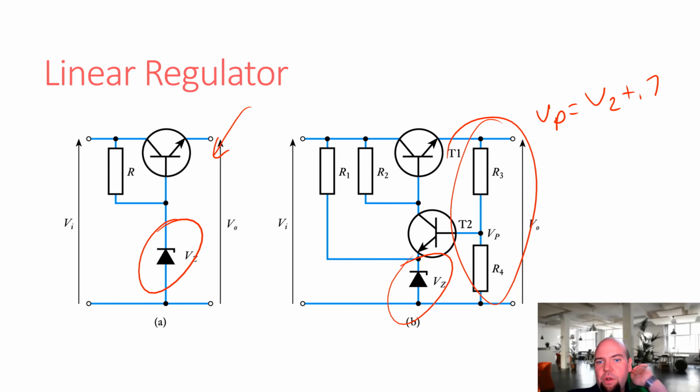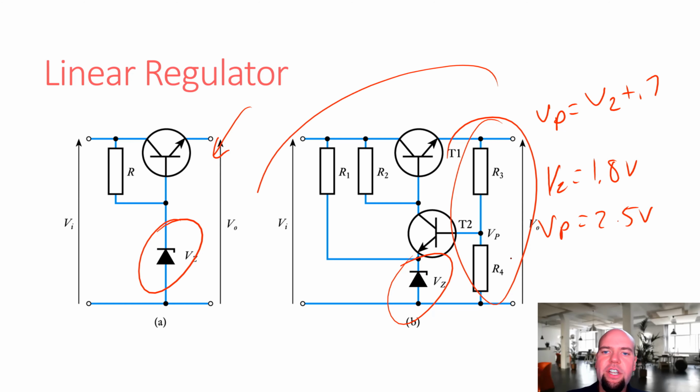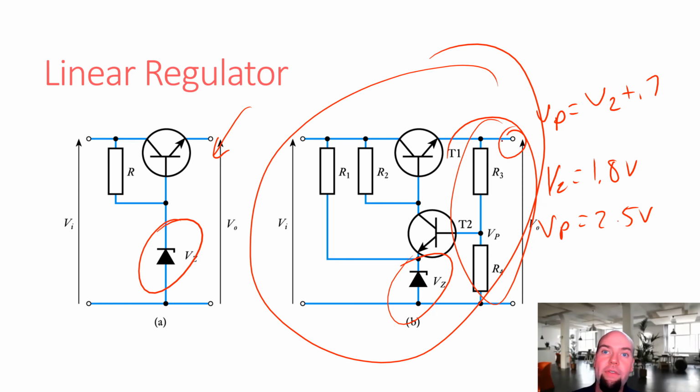So let's say VZ in this case was 1.8 volts. Then VP would be about 2.5 volts. So this circuit would regulate the output voltage to whatever voltage it needed to be to maintain VP at 2.5 volts.